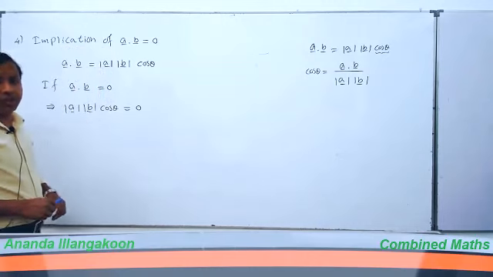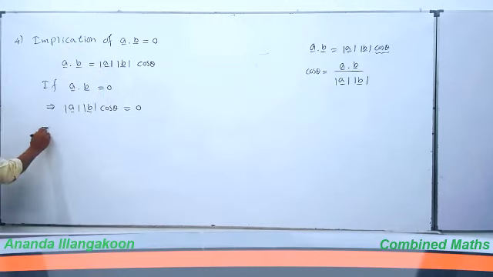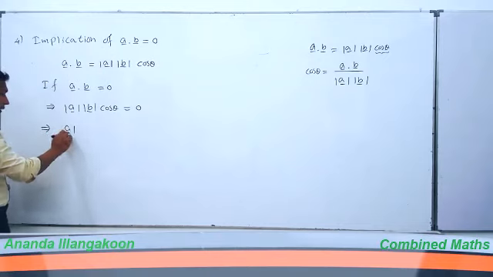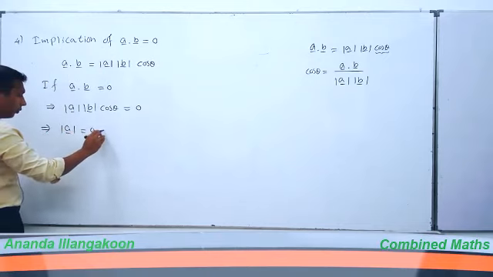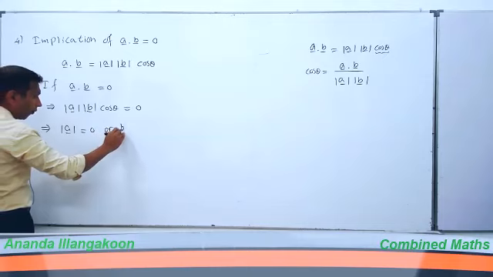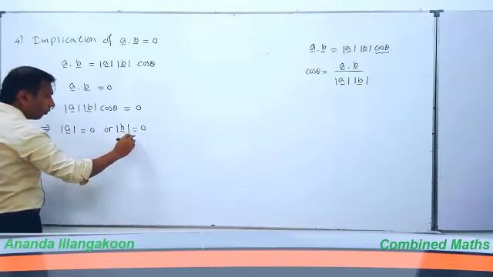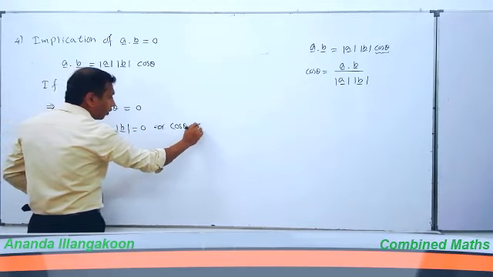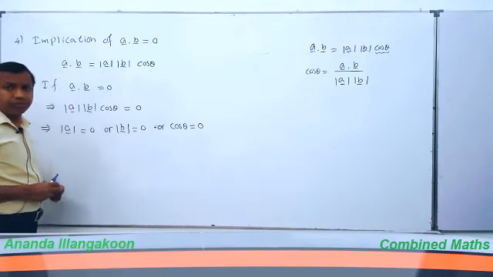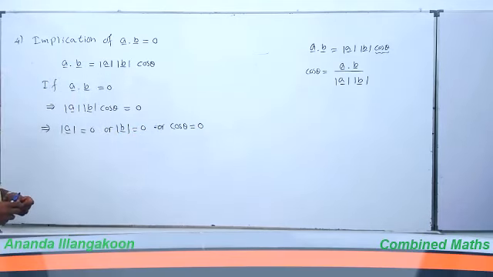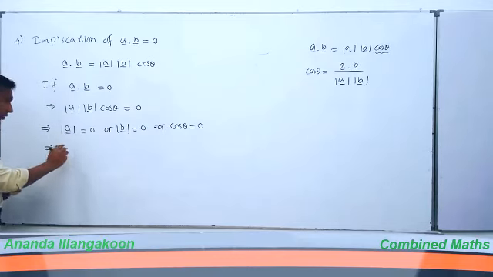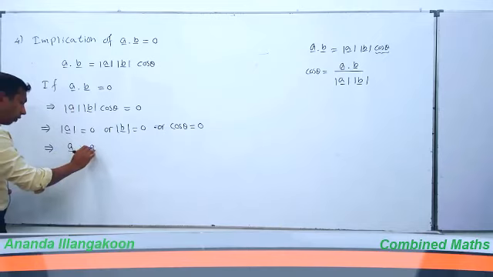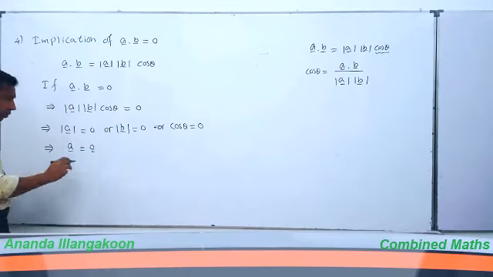under three cases. This implies mod A equals 0, or mod B equals 0, or cos theta equals 0. These are the possibilities. Mod A equals 0 means the modulus of vector A is 0, so A should be a null vector.